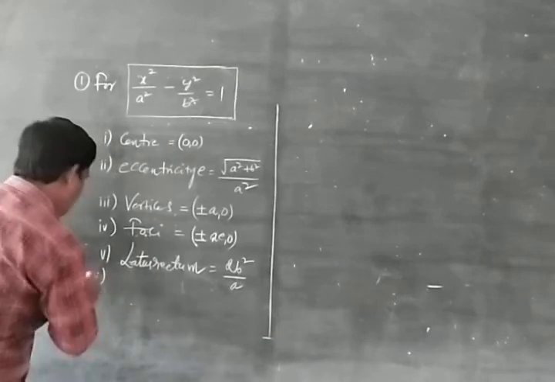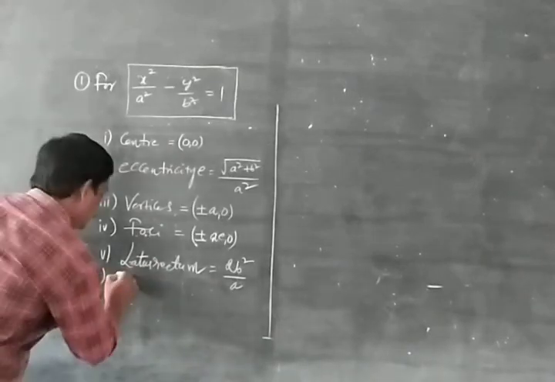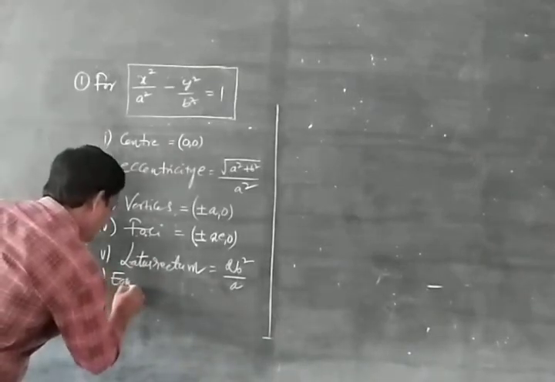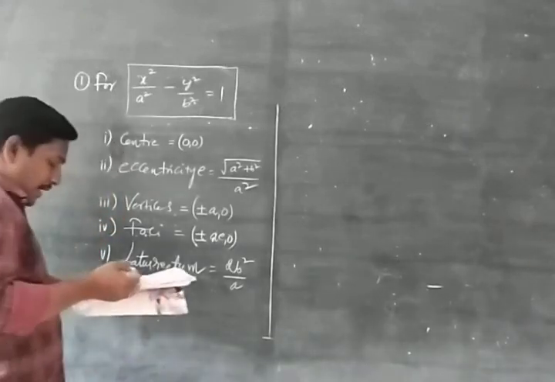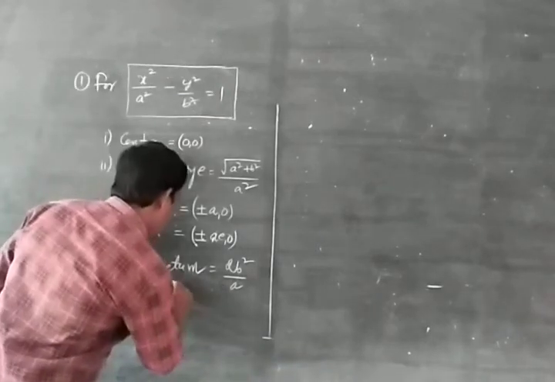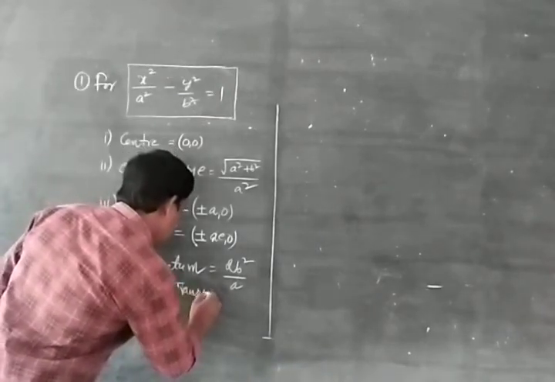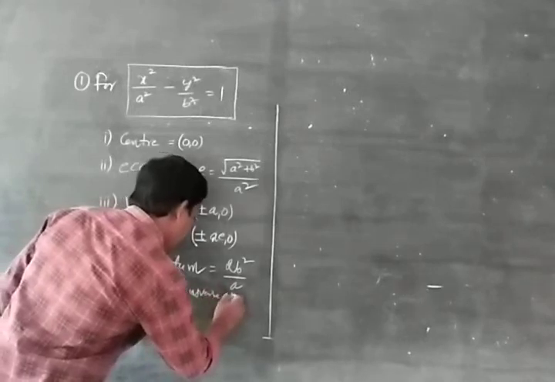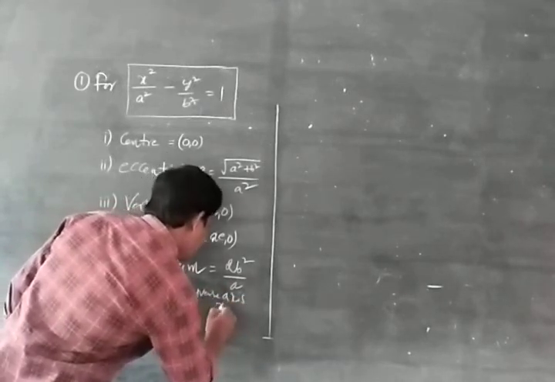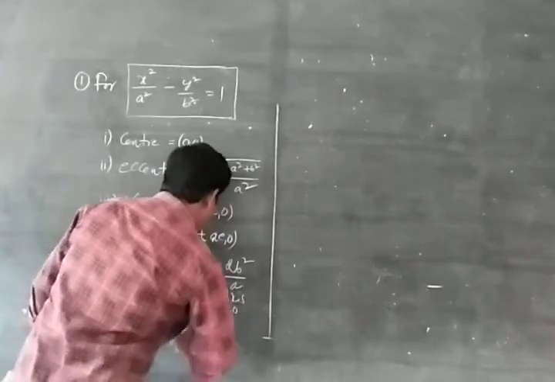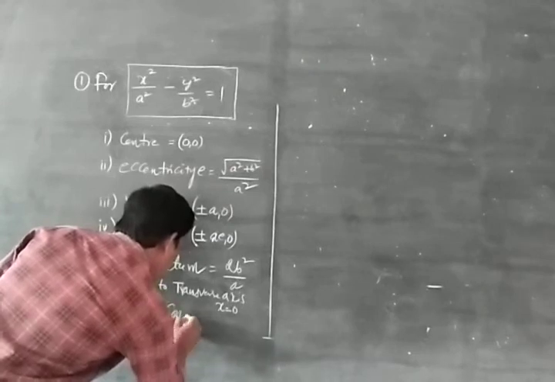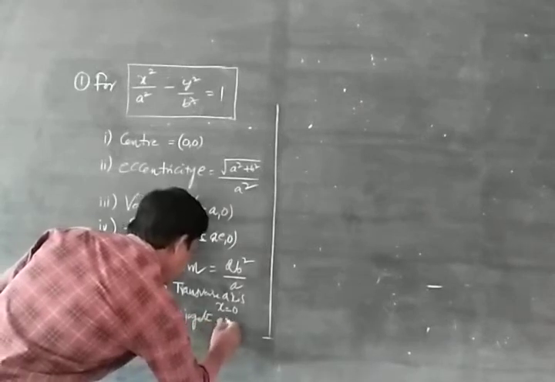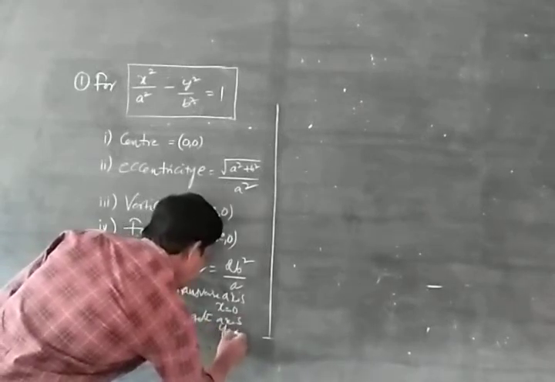Sixth one, equation to transverse axis y equal to 0, and equation to conjugate axis x equal to 0.